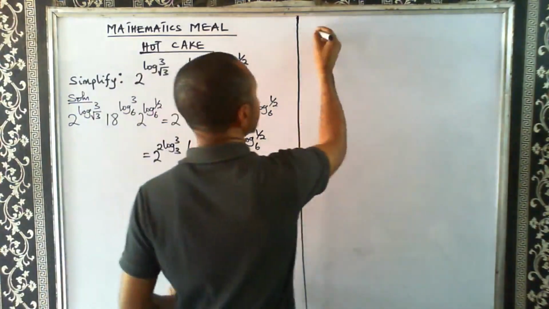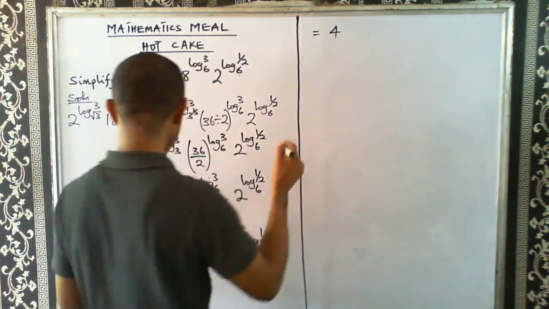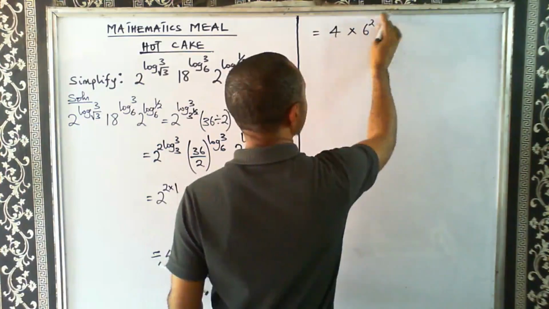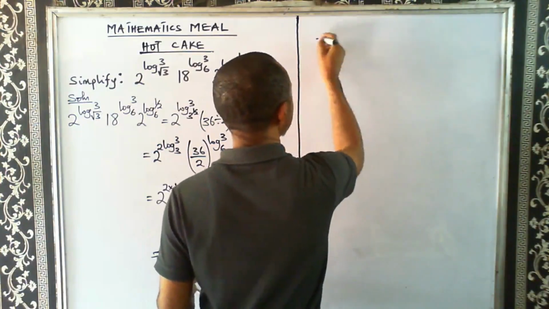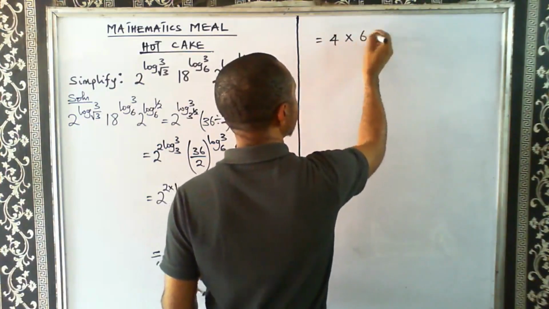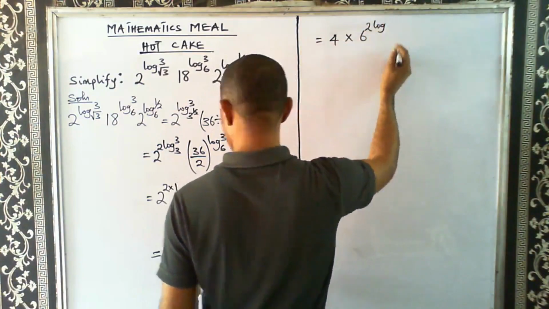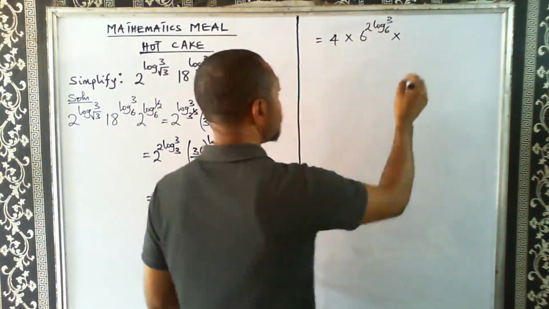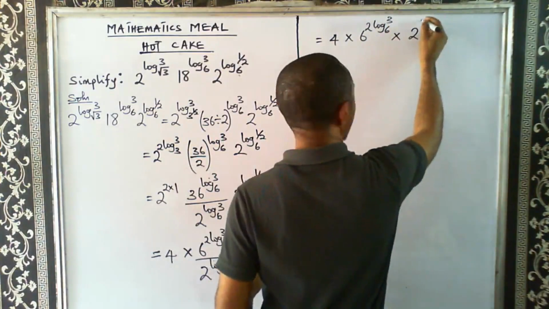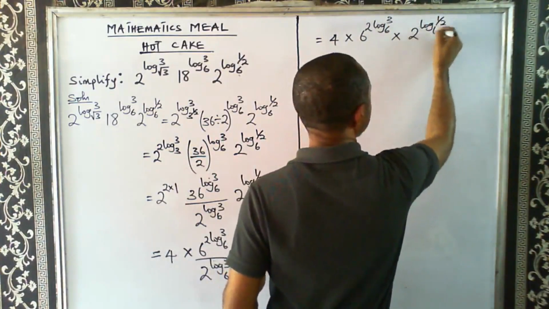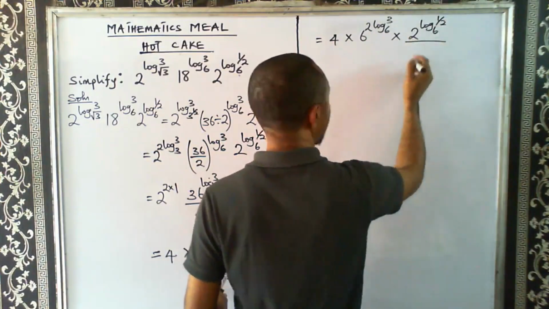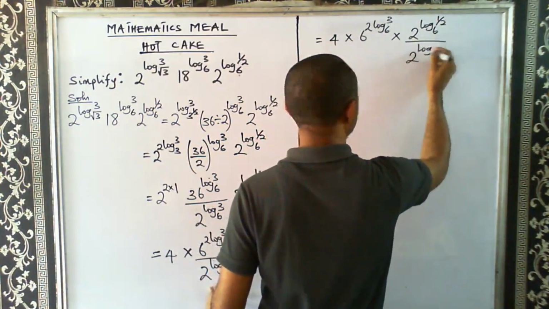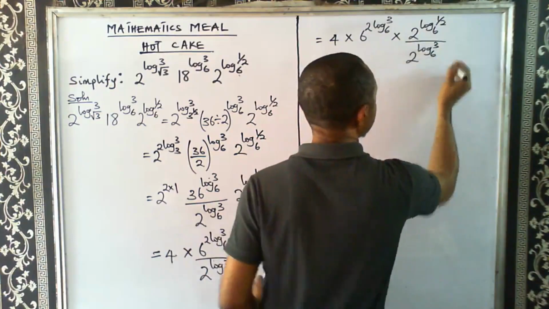So let me rewrite this now, since this is multiplying. So this becomes 4. We are continuing from here. 4 times 6 raised to power 2 log 3 in base 6 times 2 raised to power log half in base 6 divided by 2 raised to power log 3 in base 6.